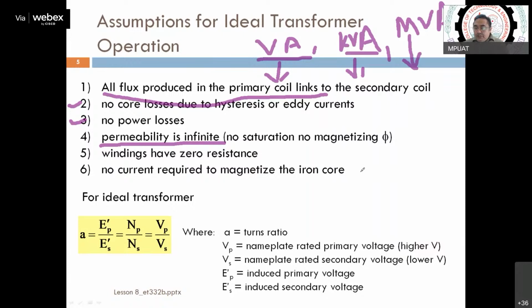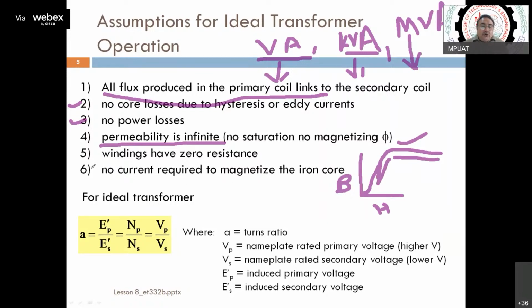So if you draw the characteristics of a core, the BH curve, you will find that they generally have this type of characteristics. But after a certain limit, whatever current you flow, no more magnetic field will be developed, that is, it gets saturated. So this constant region is called the saturation region. We will also assume that there is no saturation, it will always behave in this linear region. So this is also one of the important points.